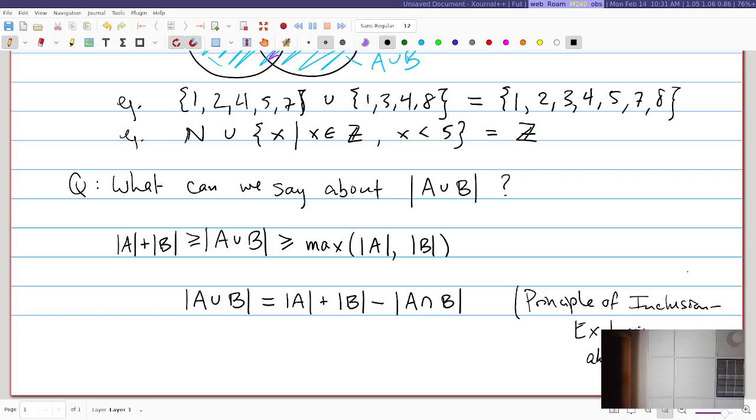This is a super simple baby version. The real principle of inclusion-exclusion is much more general than this. It talks about more than just two sets. But this is the basic idea: to count something, you can count them all separately and then start subtracting things that you counted too many times.